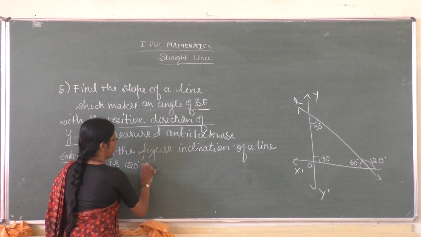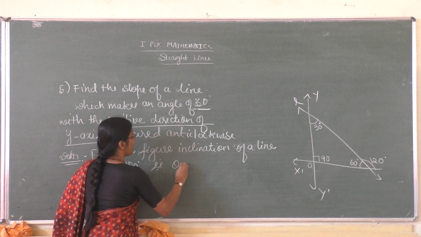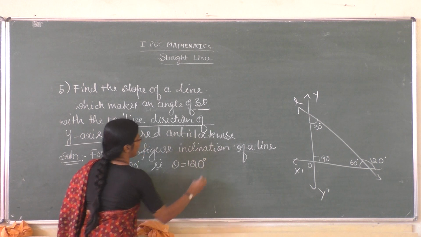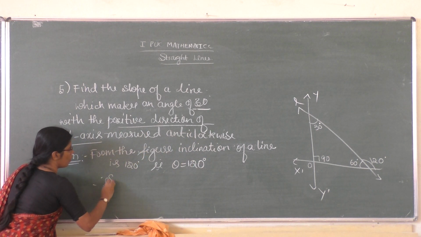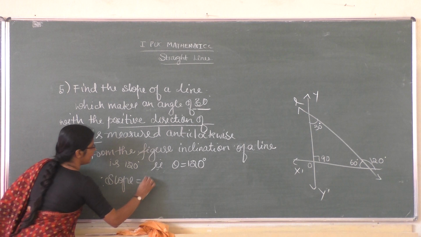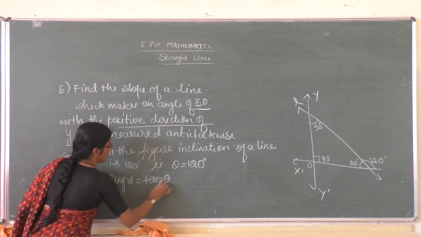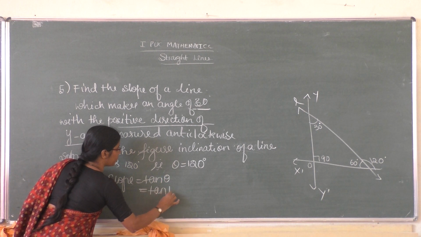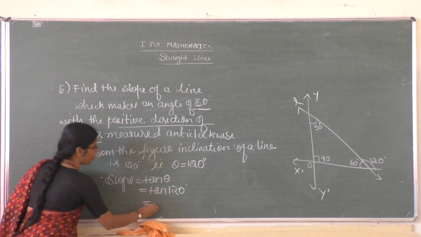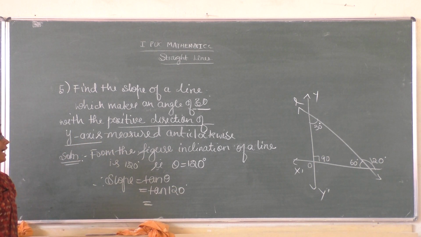That means theta equal to 120 degree. Therefore slope equal to tan theta, that is nothing but tan 120. You have to take the value of tan 120.